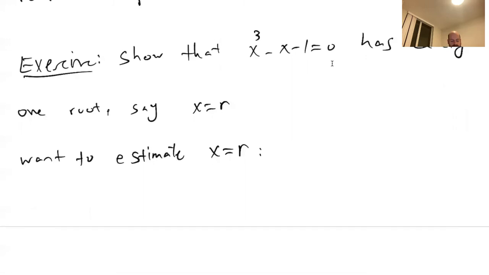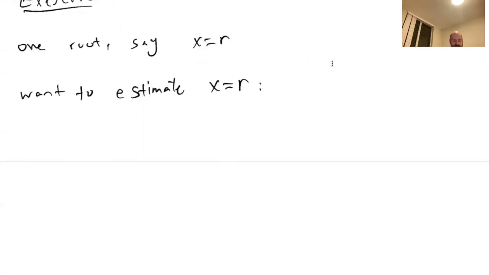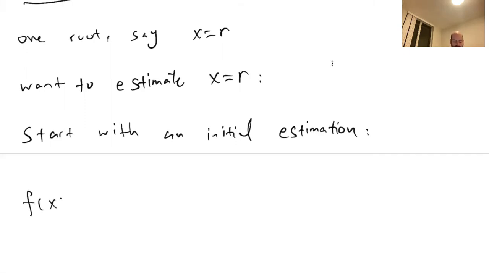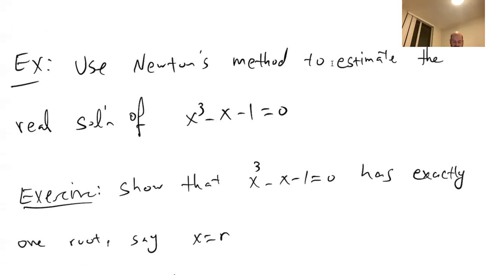How can we do that? So we have to start with an initial estimation. We said we can find it by using IVT. Let's say f of x equals x cubed minus x minus 1.